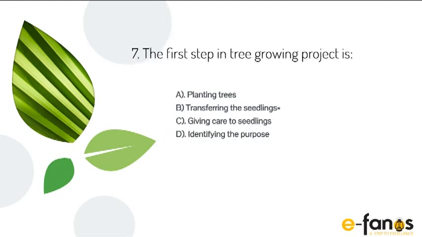Question 7. The first step in tree growing project is A, planting trees, B, transferring the seedlings, C, giving care to seedlings, D, identifying the purpose. And the correct answer is D, identifying the purpose.